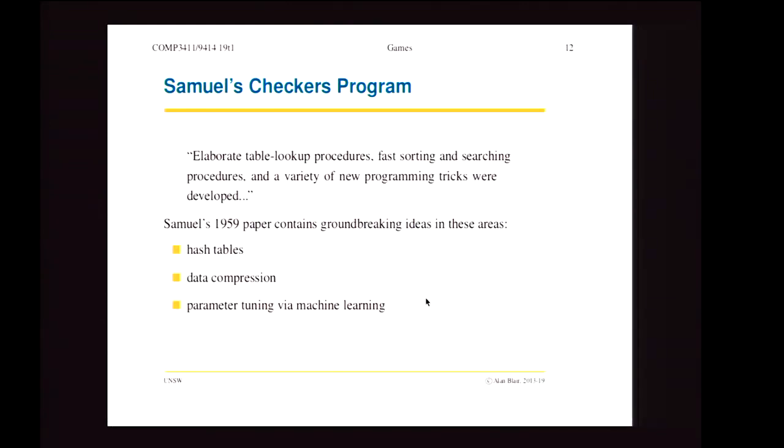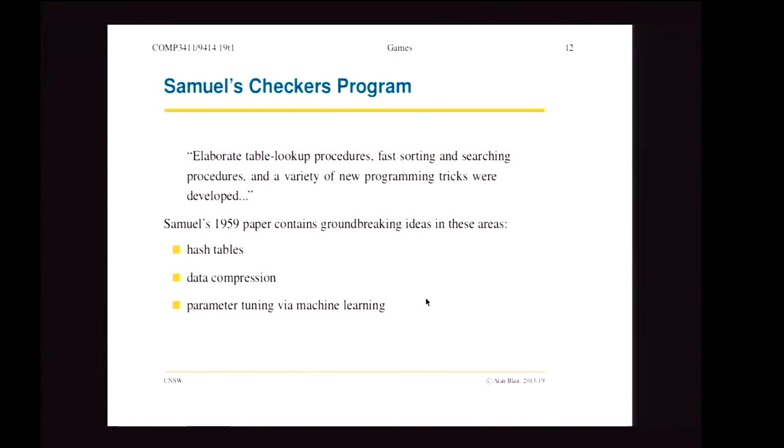Checkers has widely been regarded as a sort of child's game that's simpler than chess, but Samuel thought that, even in 1957, his game was simple enough he'd be able to write a program that would beat the best humans.